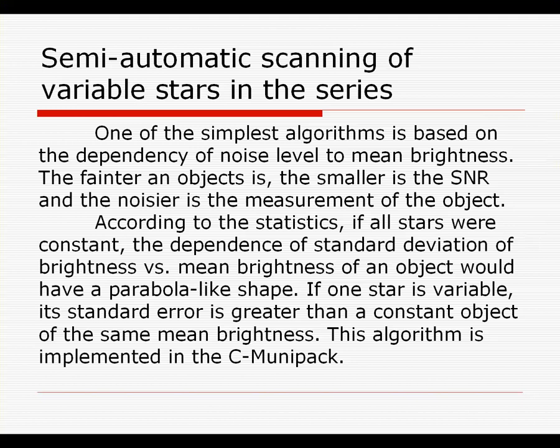According to the statistics, if all stars were constant, the dependence of standard deviation on the mean brightness of an object would have a parabola-like shape. If one of the stars is variable, its standard error estimate should be greater than for a constant object of the same mean brightness. So this algorithm is also implemented in the Simonipack software, which we used to use.